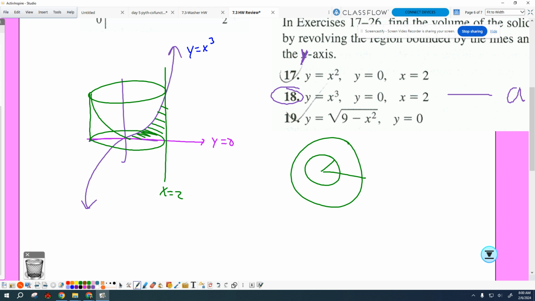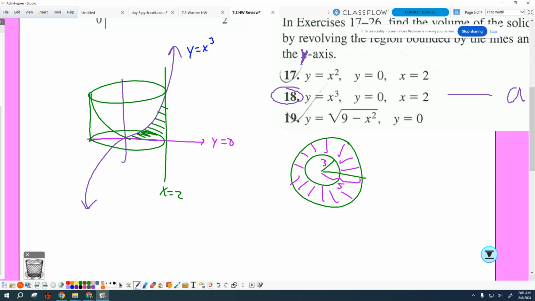Pick a number. 3. Josh, pick a number bigger than 3. How would we find the area of that ring?